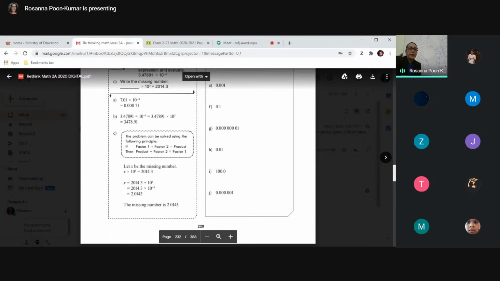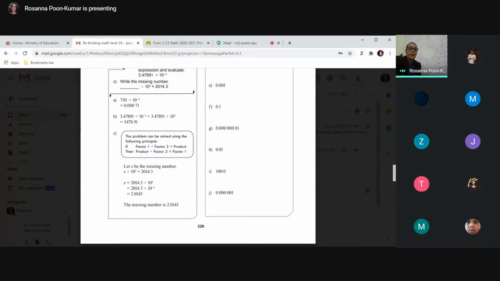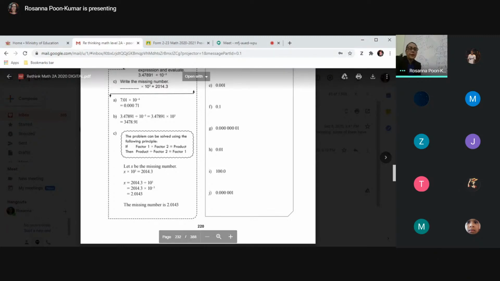Okay, so this is 7.01 by 10 to the power of negative 4. What do you see, the negative 4 there? I will move to the left. 1, 2, 3, 4. So you get 0.000701. If you have 3.47891, are you all seeing where I'm pointing at the screen?